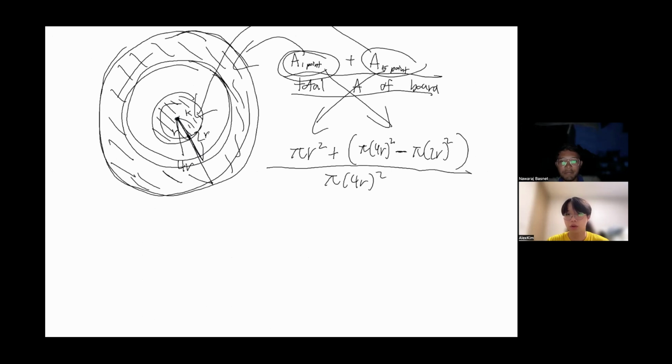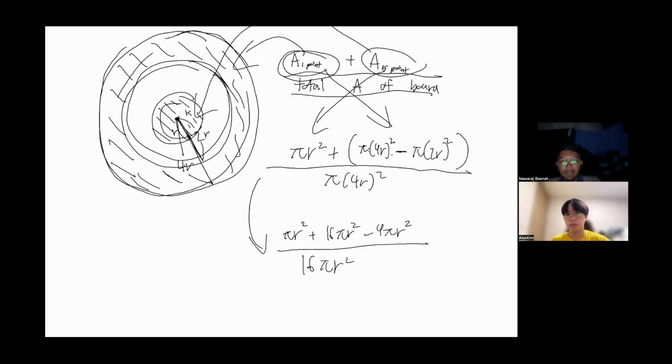Yes, sir. Okay, so this can be rewritten as 16 pi r squared on the bottom, and on top it'll be pi r squared plus 16 pi r squared minus 4 pi r squared.